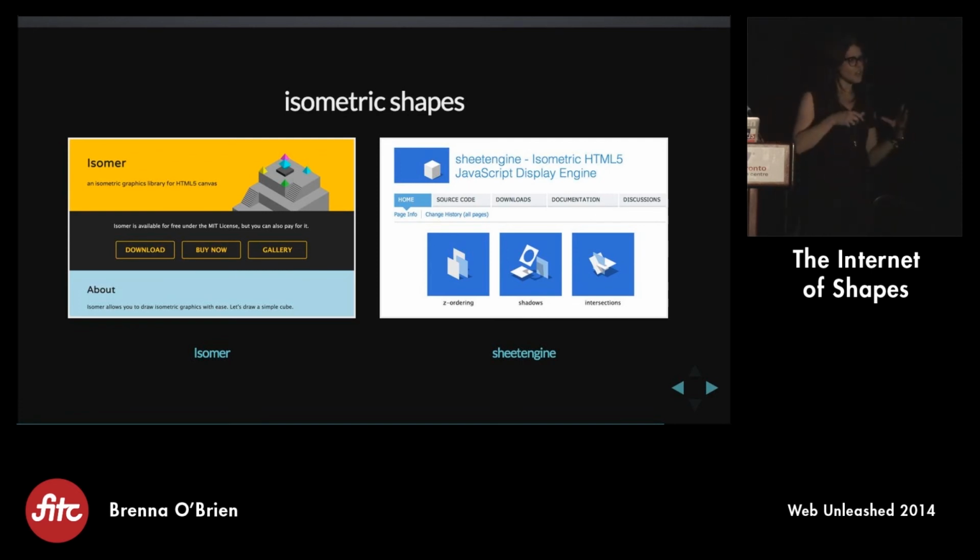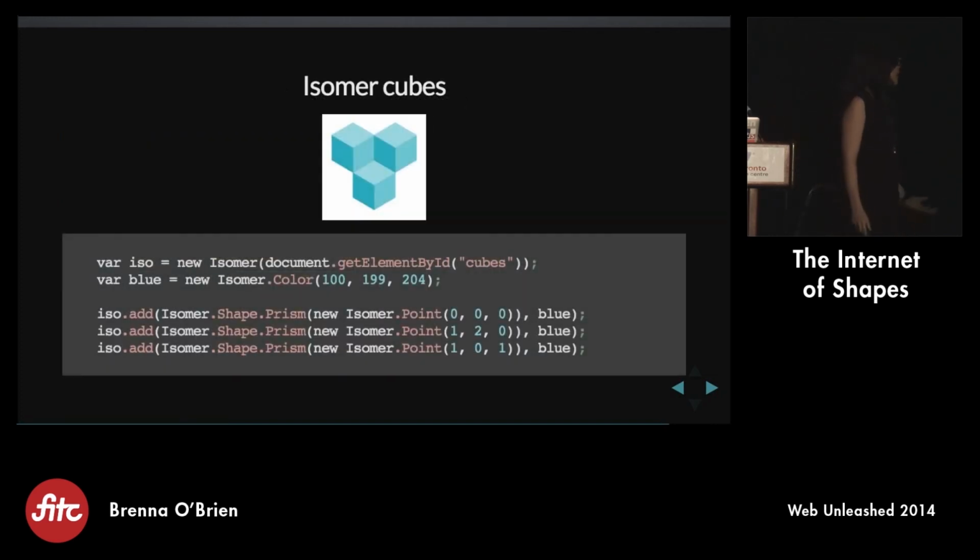They'll do shadowing and stuff for you. Sheet Engine does collision detection. This is a quick demo of Isomer where you get your own primitive method to draw a cube, which is really cool. Way simpler than that would have been in pure Canvas.